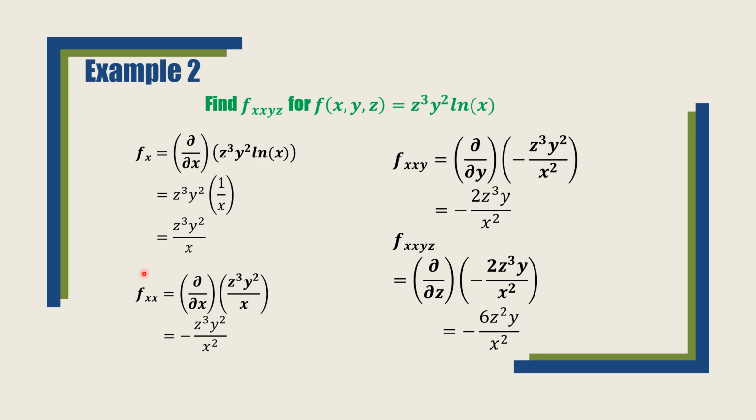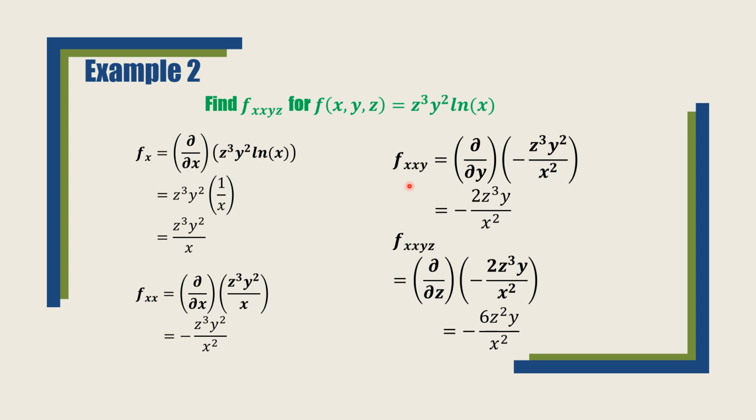Next, we derive again with respect to x. From the first derivation, we have z cubed y squared all over x. In deriving with respect to x, we have negative z cubed y squared all over x squared. That is the second step.